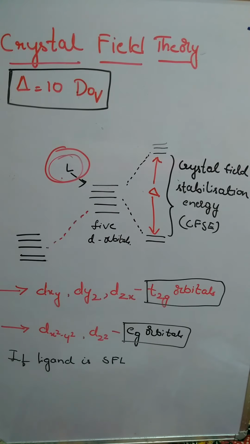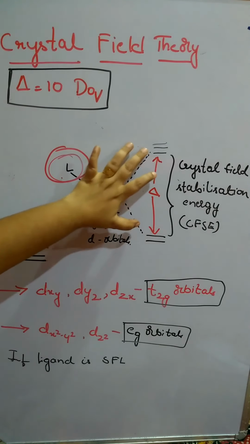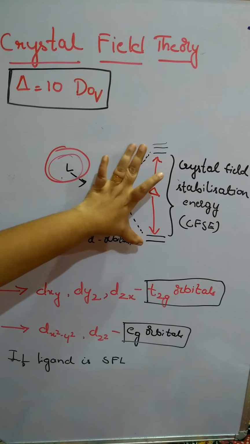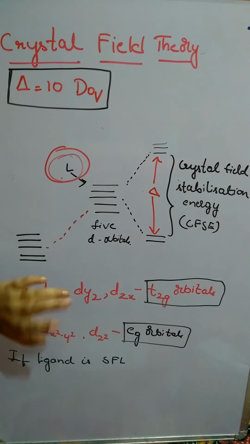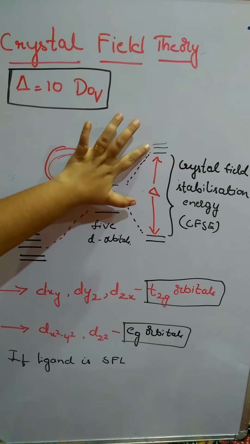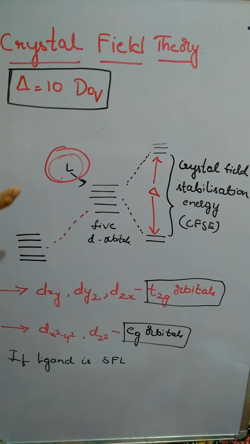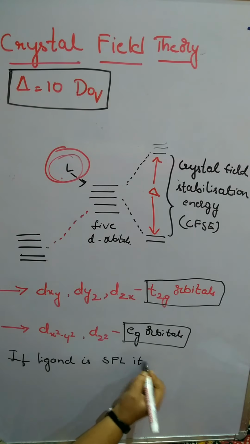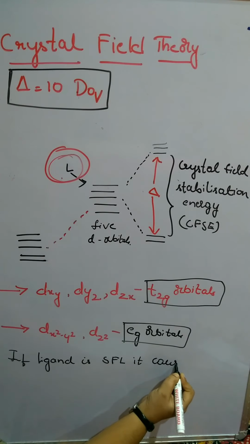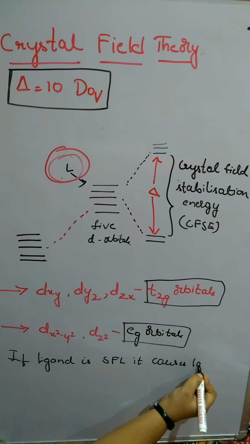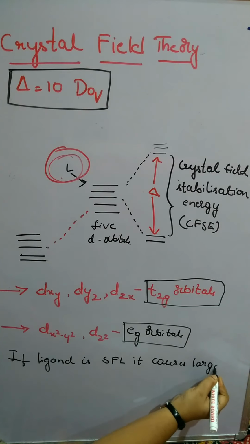This is the distinguishing thing now. That is, the crystal field stabilization energy will be more. What it indicates is these orbitals will lie far from one another, and that the orbitals will be experiencing more repulsion. So if the ligand is a strong field ligand, it causes large splitting.